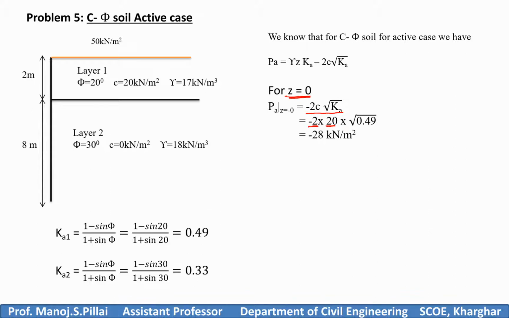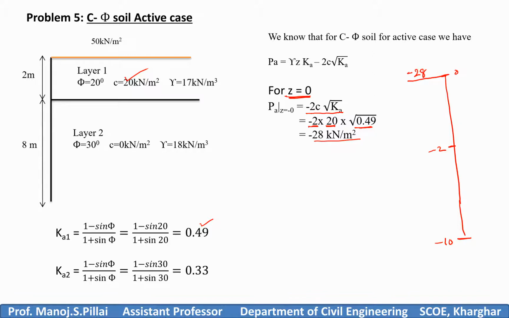Minus 2c, where c is 20 as shown here, and Ka1 is from here. So I have 0, and I have minus 2. I'm very sorry, the minus 2 is further down. So the first value I am getting is negative. It's right, because for c-phi soil we get the value as negative. So you're getting minus 28, right?